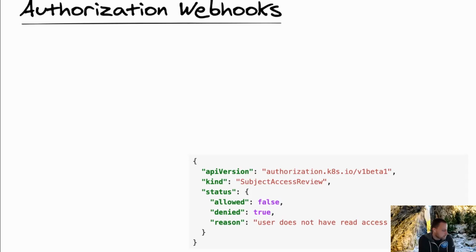And only if the secret or the shoot or whatever other resource is being accessed is related to the seed for which the gardenlet is responsible, only then it would be allowed. And with this solution, we would restrict the damage that an attacker can do if it compromises, for example, this gardenlet kubeconfig.